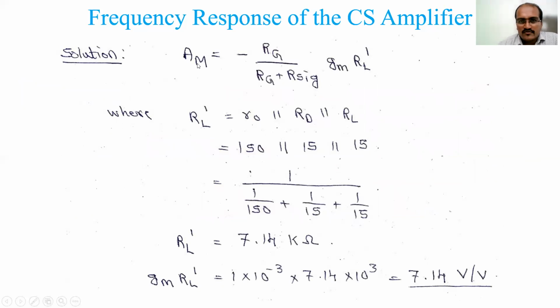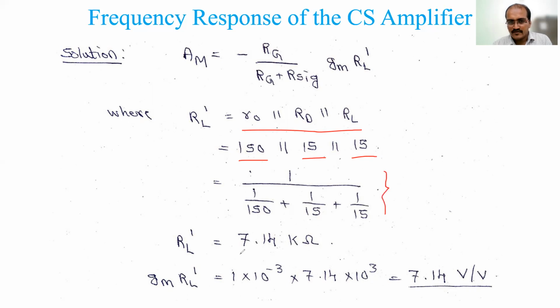AM is equal to minus RG by RG plus R signal times GM into RL dash. This is the formula I just showed you for AM. R0 parallel to RD parallel to RL you have to calculate. R0 is 150 kilo, and RD and RL are each 15 kilo ohm. Everything is in kilo ohm, that's why I have not written 10 to the power 3. So the equivalent is 1 divided by (1 by 150 plus 1 by 15 plus 1 by 15). Use the calculator and check whether you are getting this value.